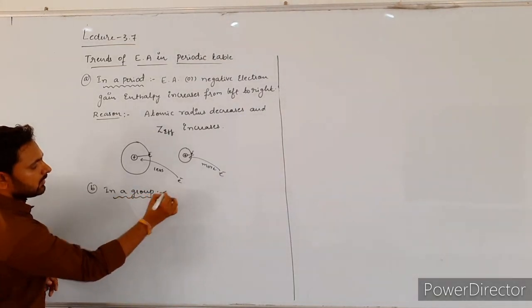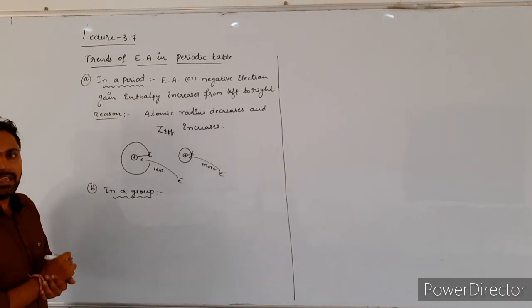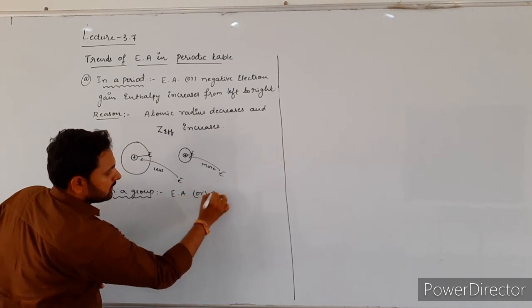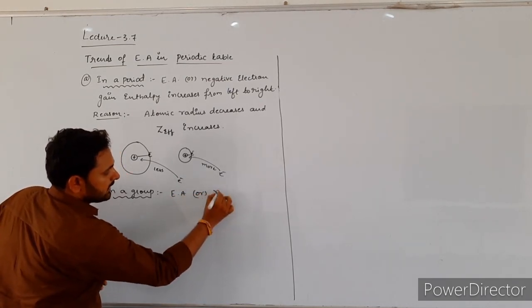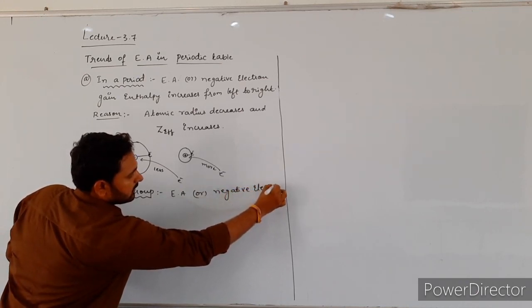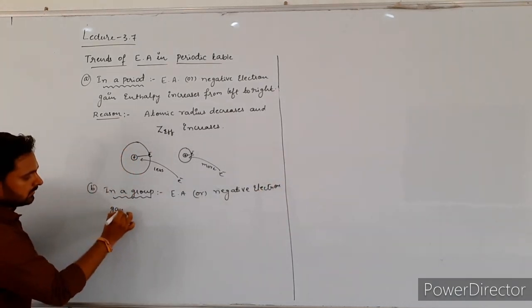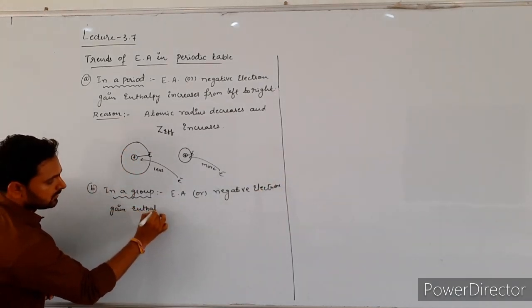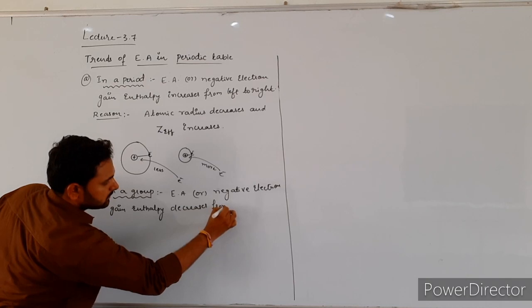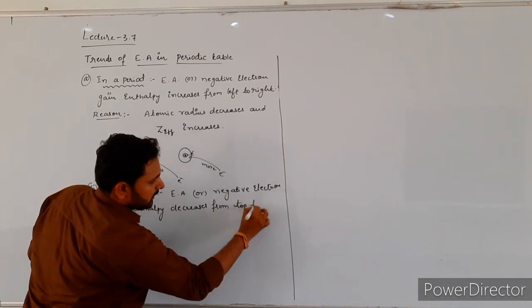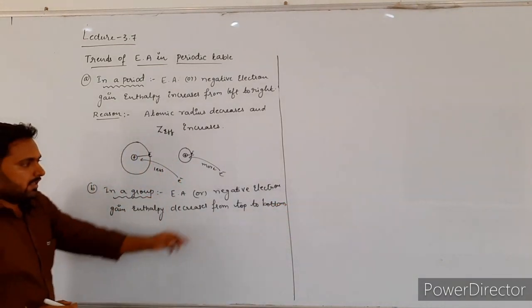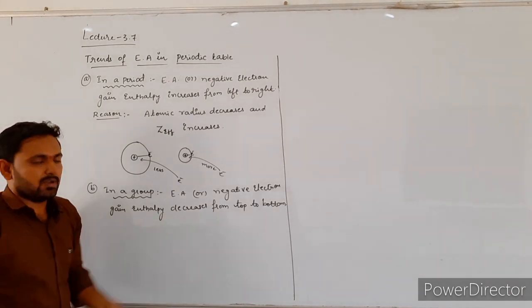In a group, electron affinity or negative electron gain enthalpy decreases from top to bottom.